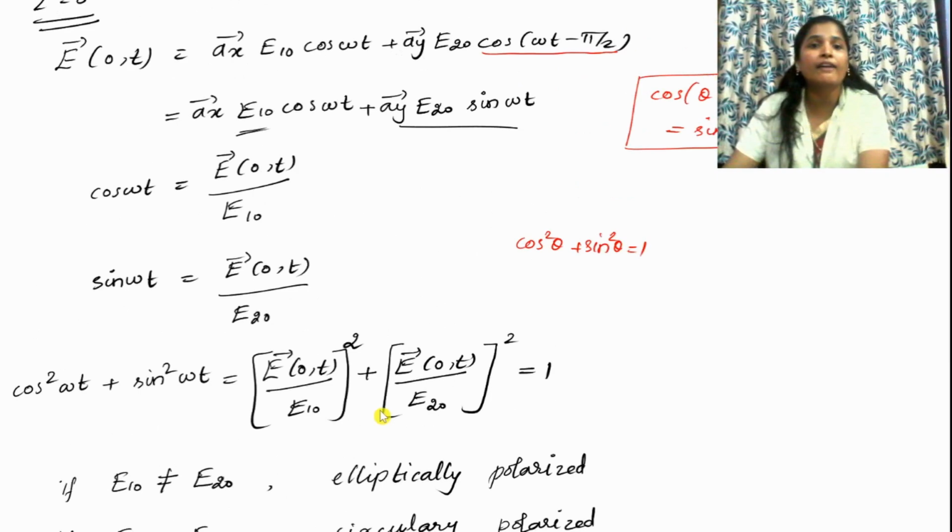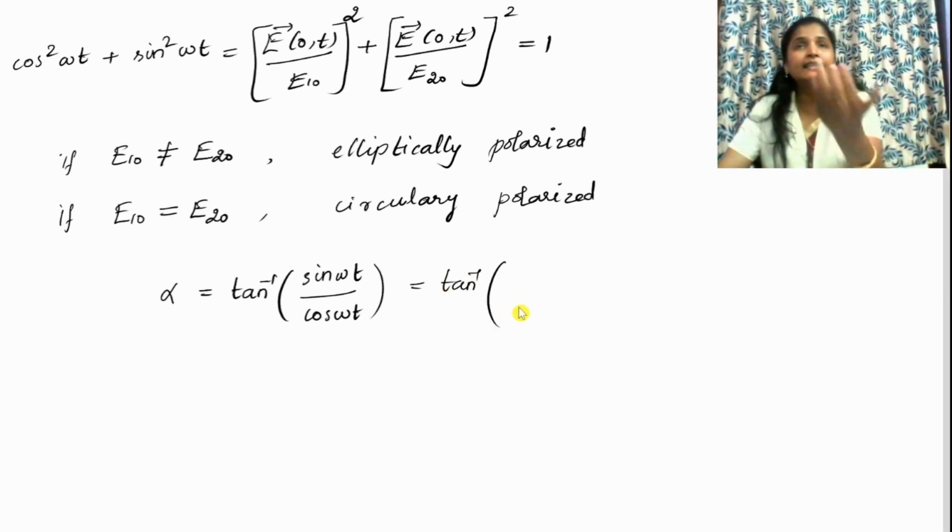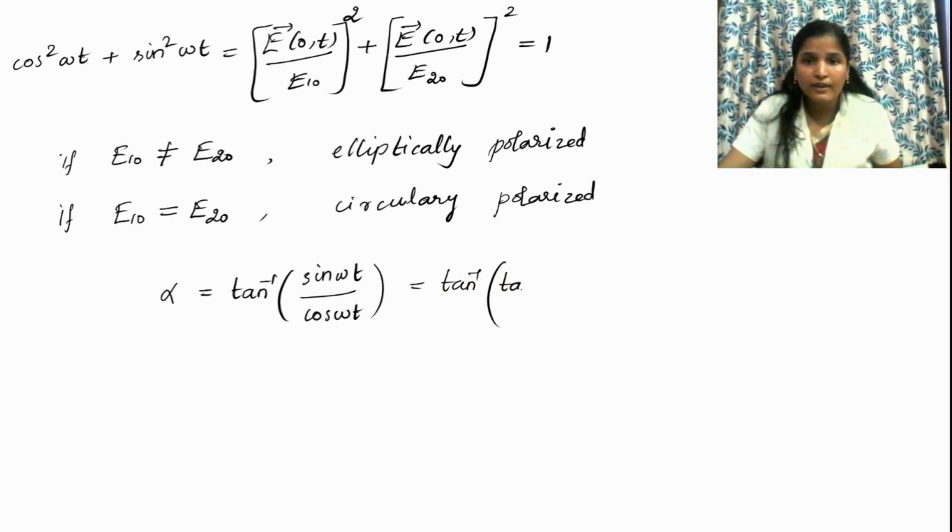So alpha is equal to tan inverse of the second component to the first component. If we simplify this, by using trigonometry, sin theta by cos theta is tan theta, so it becomes tan omega t.